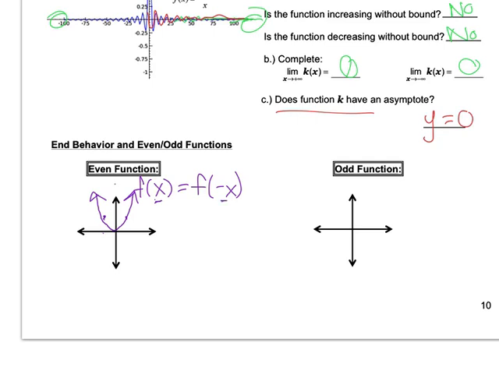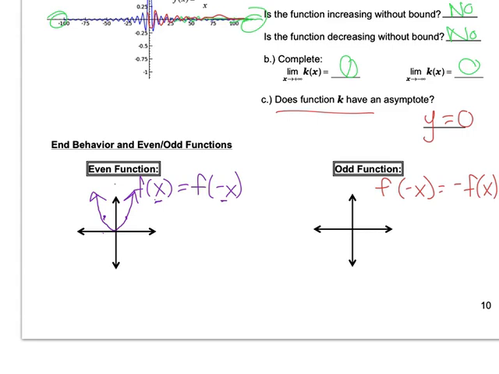And then we've got odd functions, where if I use f of negative x, that is not going to be the same as f of positive x. Like an even function, it's actually going to be the opposite of f of positive x.